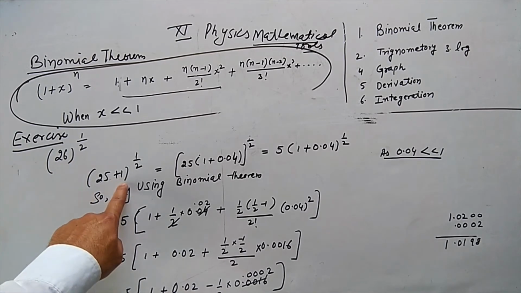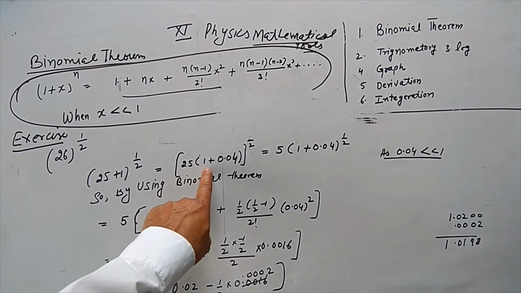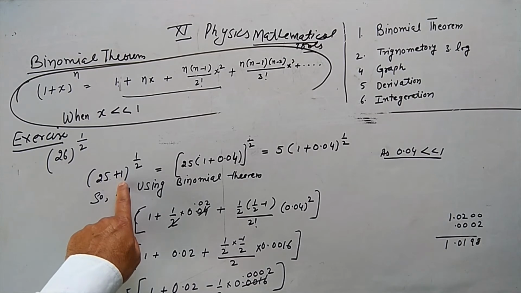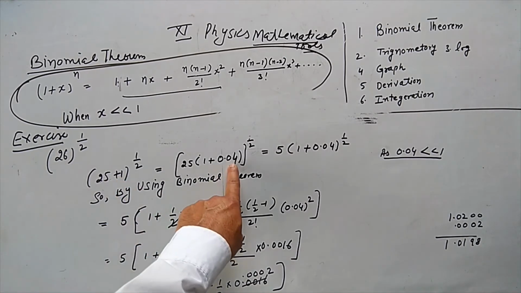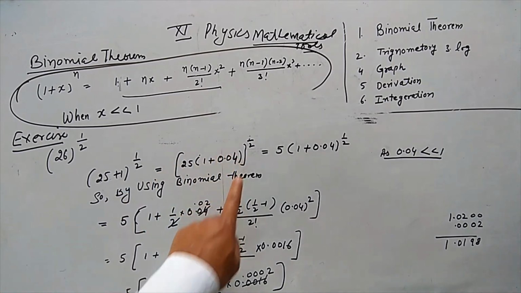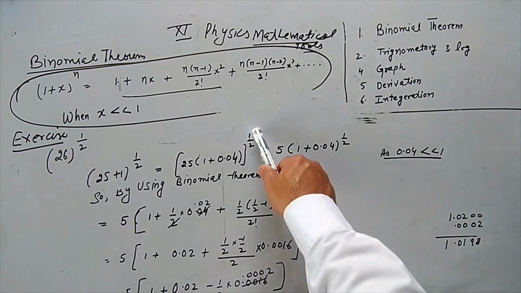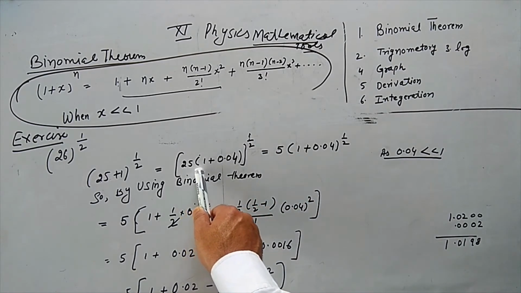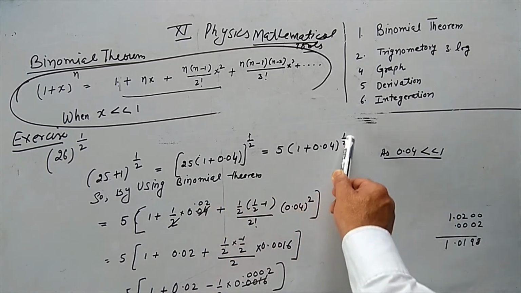Take 25 out from both. Here it will be 1 and here it will be 1 divided by 25. 1 divided by 25 is 0.04, and the square root of all. Now the 1/2 power, take the square root separately: the square root of 25 is 5, and this we will write separately.